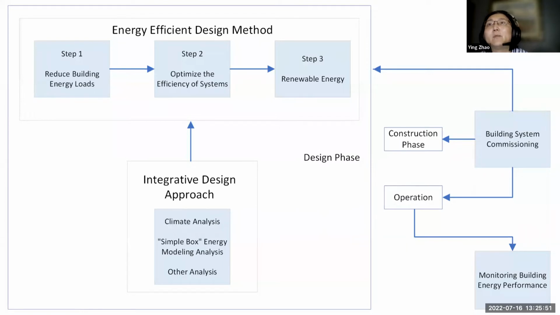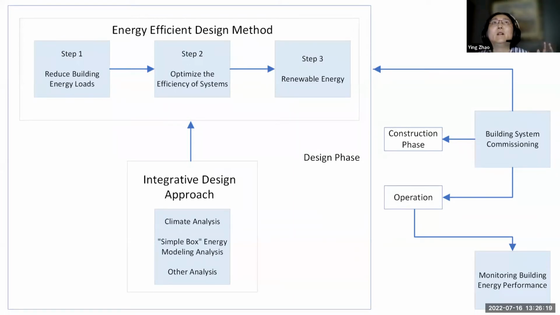The first step is to reduce building energy loads. After the load is reduced, we apply a method to optimize the efficiency of the system. Then we get low loads and a high efficiency system.